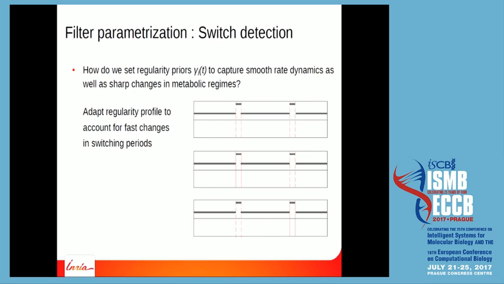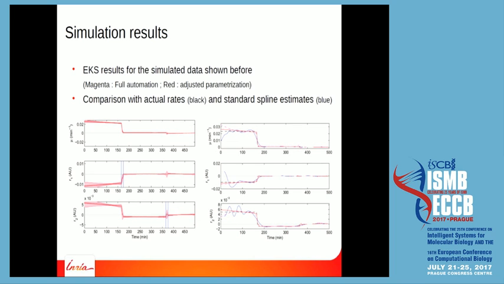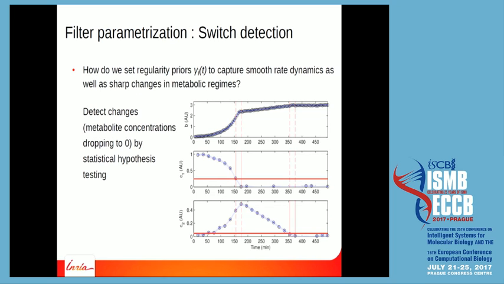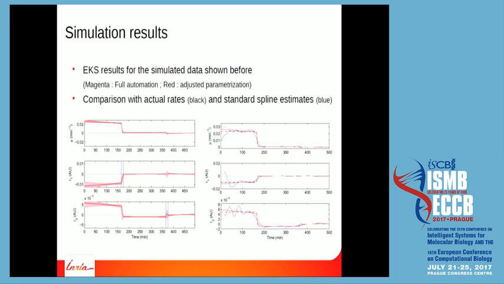Okay. Now, if we look at simulation results, for the same data I showed you before, you see that with this approach, what you get here on the left are the estimates of the growth rate in the first box and the two metabolite exchange rates in the second two subplots.